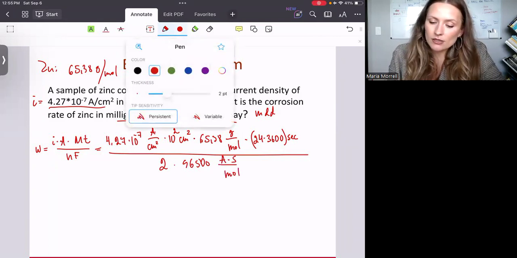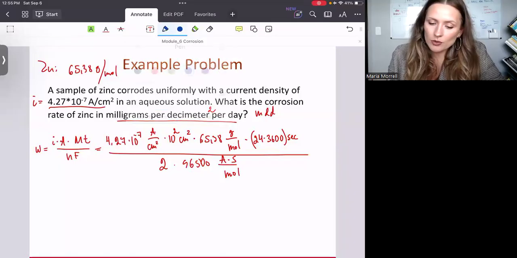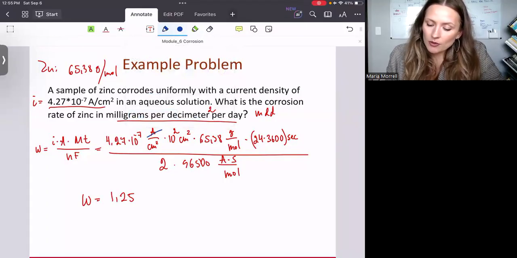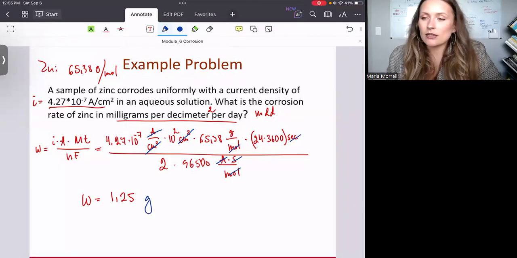Now let me see what is happening here with the units, or perhaps I can even put the answer right away, 1.25, and now I'm going to work with the units. Okay, so amps cancel out, centimeter squared cancels out, gram is left, and then mole cancels out, second and second cancel out.